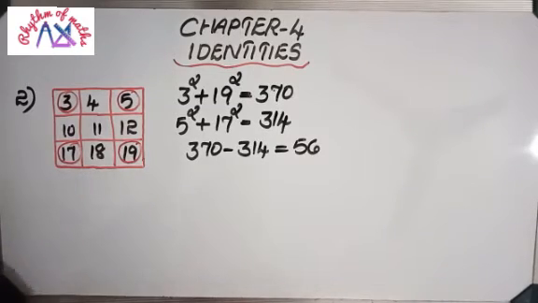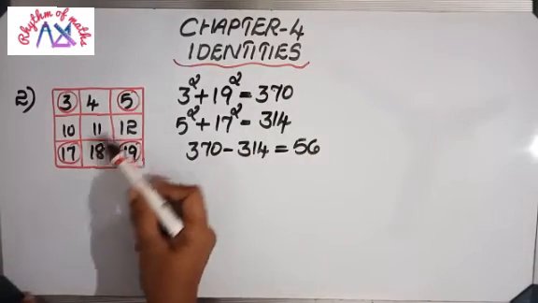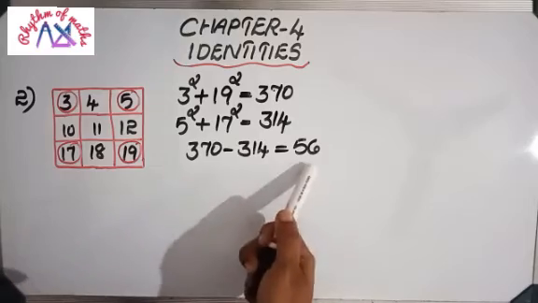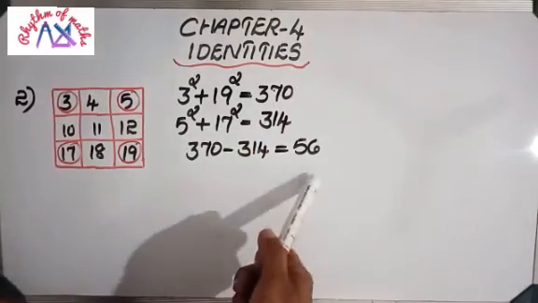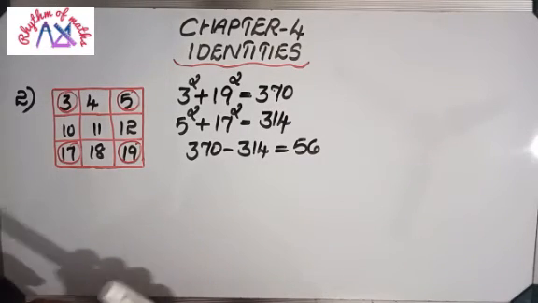Only corner numbers we are considering. Okay, and by finding the sum of squares of these numbers, 3 square plus 19 square answer is 370. 5 square plus 17 square answer is 314. Then difference is given as 56. By subtracting 314 from 370, we got the answer as 56. Up to this already given in the question.